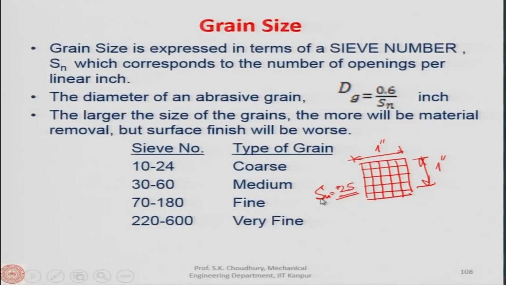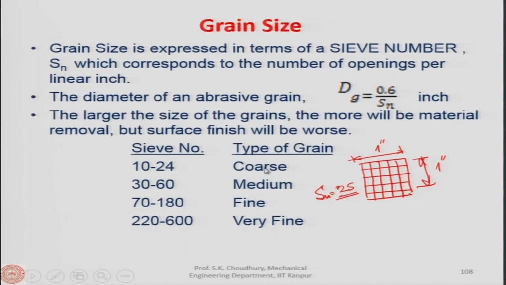Now, Sn, that number, is given in different grades, for example, 10 to 24. If the sieve number is 10 to 24, those grains are supposed to be the coarse grains, because the diameter will be bigger, okay. Then 30 to 60 sieve number will be called the medium type of grain.